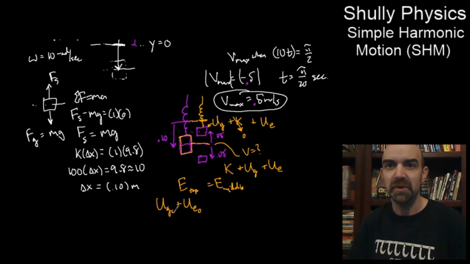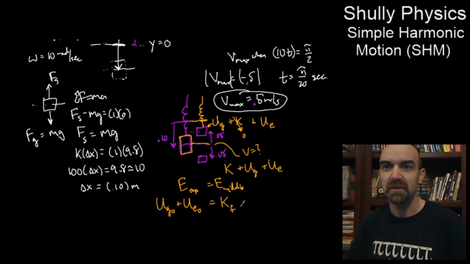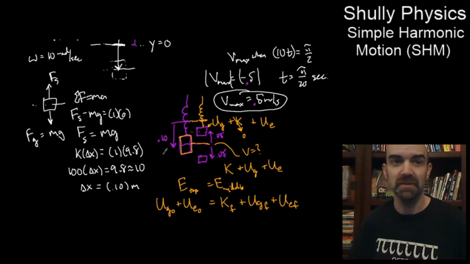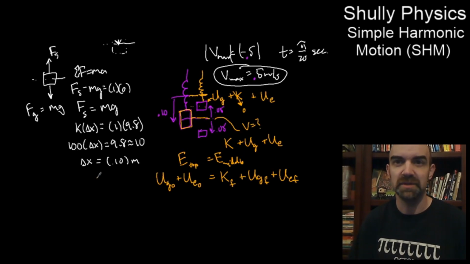And I'll put a little O there for the initial. And down here at the middle point, there's kinetic energy, call it final, plus gravitational potential energy final, plus elastic potential energy final. If I'm wrong about any of these being here, then I'm going to go to 0 value when I start to think about it and plug some numbers in.